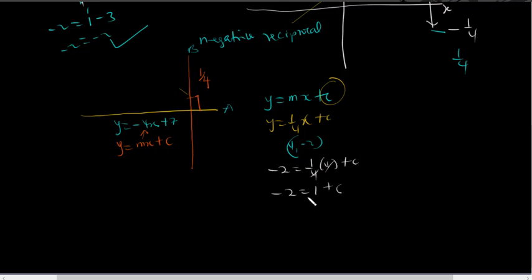So if I subtract 1 from each side, I have -2 minus 1 here, and 1 plus c minus 1 there, so that I can have my c. So my c will be equal to -3. So this implies that y is equal to 1 out of 4x minus 3.